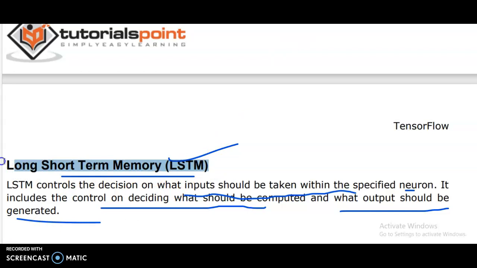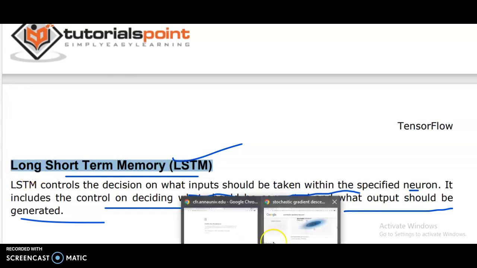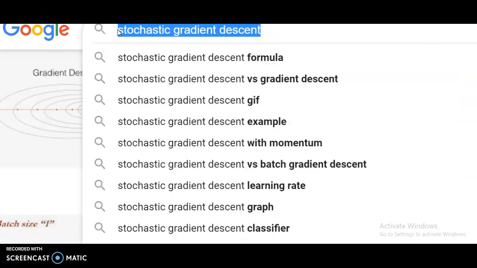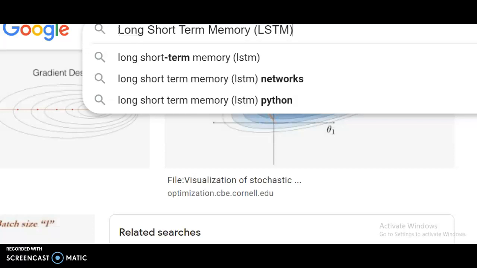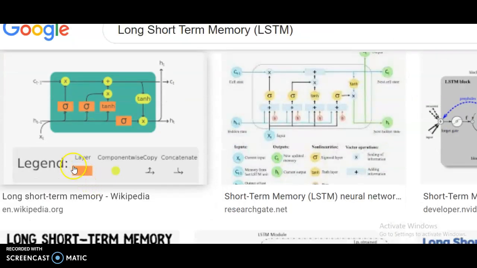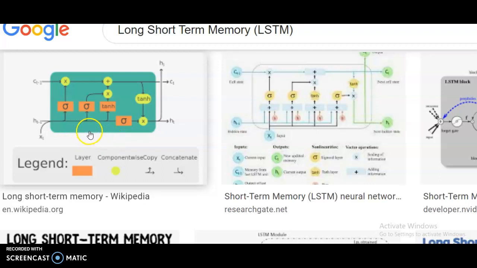Examples, more examples. LSTM memory like this. Which one?